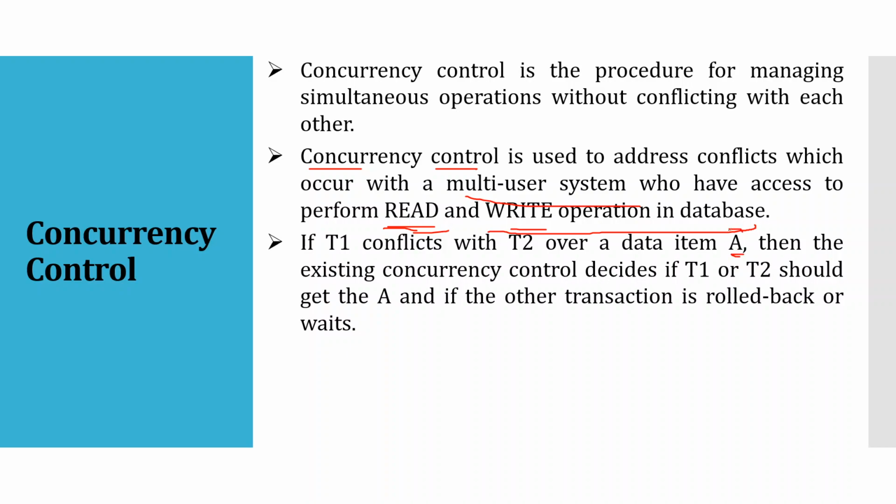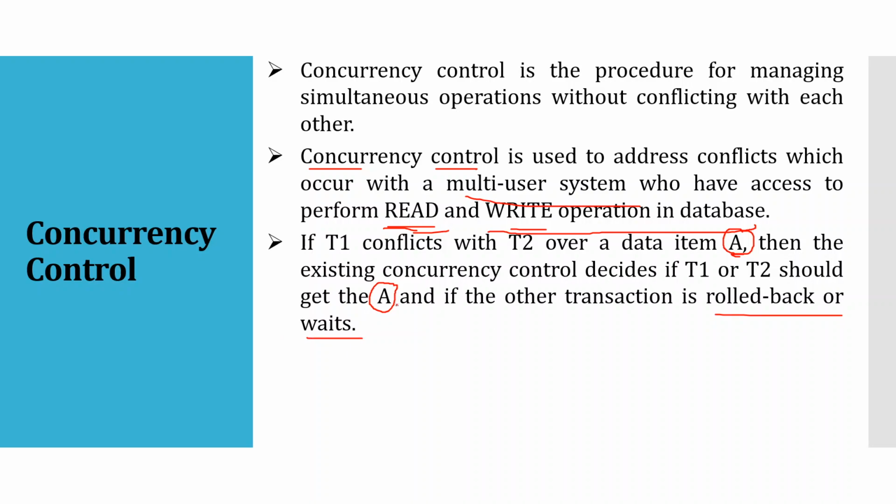So this is a data item to be read or updated, and T1 and T2 are conflicting over this particular data item. Then concurrency control will decide which of T1 or T2 will get this data item and which of them will be rolled back or will be asked to wait.